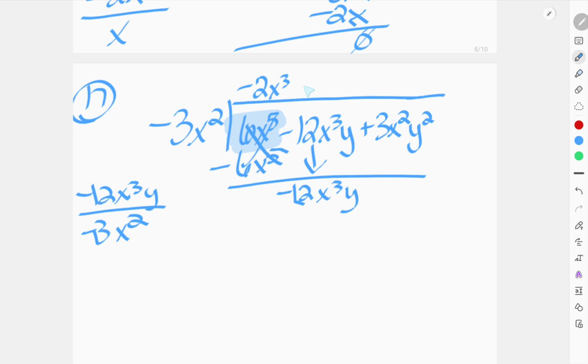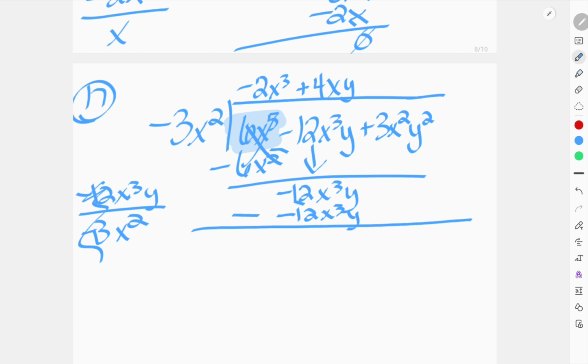Negative 12 divided by negative 3 is positive 4. X to the third divided by x squared is x. And then I bring along my y. So when I multiply 4xy times negative 3x squared y, I'm going to get negative 12x to the third y. I'm subtracting, so that changes my sign to a positive, and those cancel.